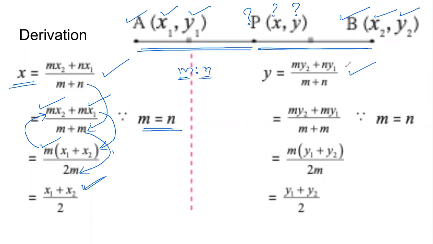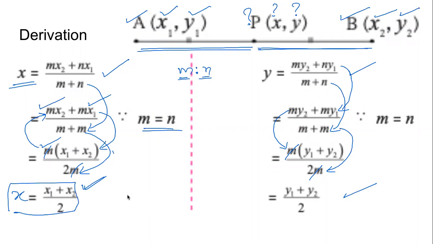Same transformation: m in place of n, m common, the two m's are added, cancel. So the formulas are: x equals x1 plus x2 divided by 2 and y equals y1 plus y2 by 2. That is it.